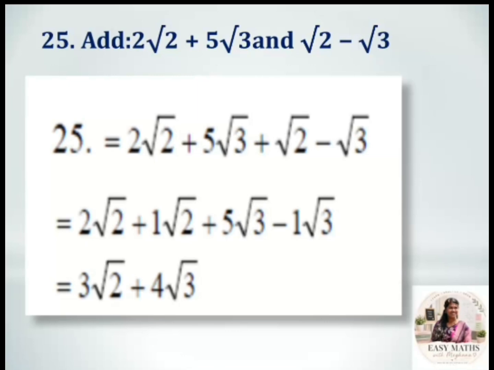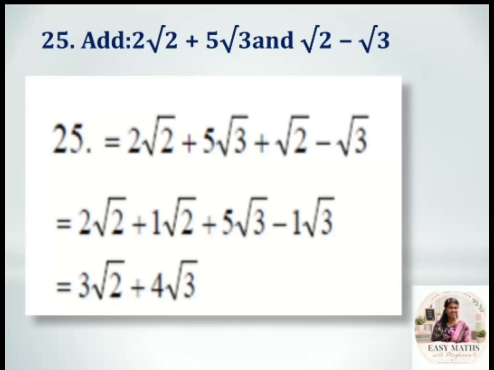Question number 25. Add 2 root 2 plus 5 root 3 and root 2 minus root 3. Here, it is a question under the concept of operations on real numbers. We have to add the real numbers: 2 root 2 plus 5 root 3, plus root 2 minus root 3.